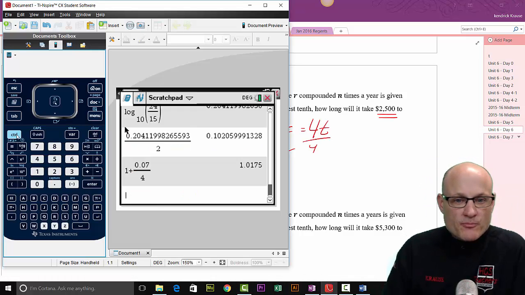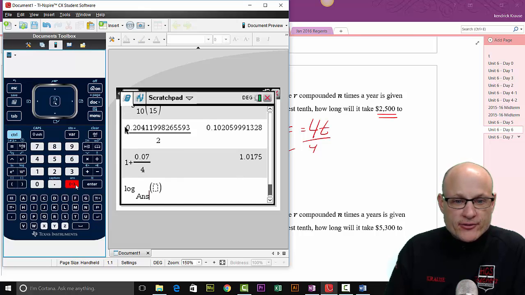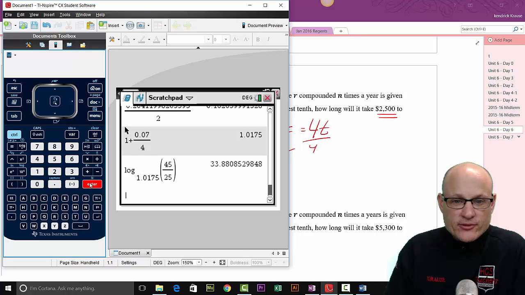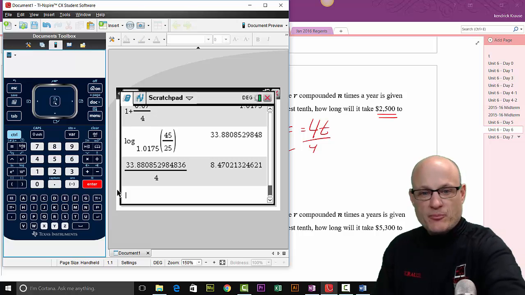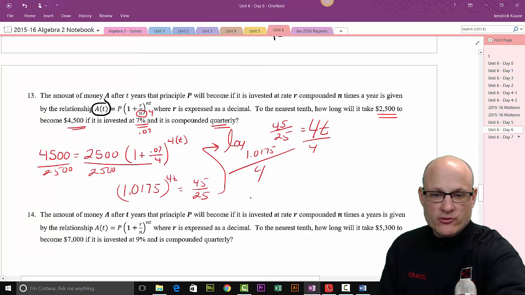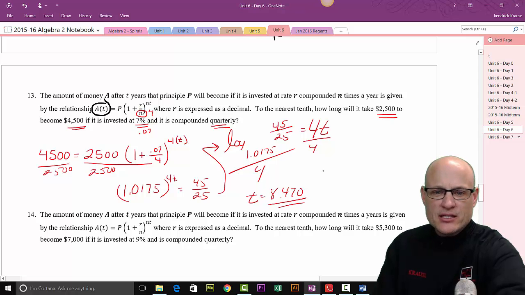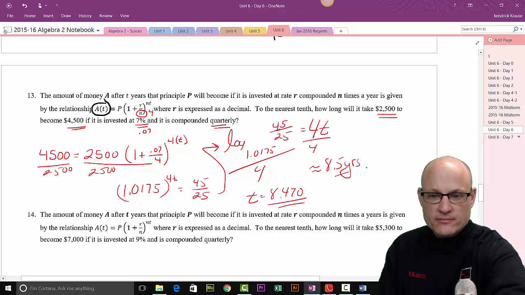So the log of the answer of 45 divided by 25, divided by 4. It will take 8.470 years. T equals 8.470 years. To the nearest tenth, it will take approximately 8.5 years.